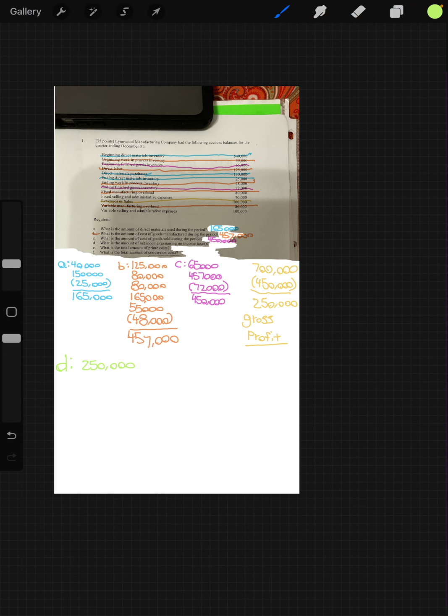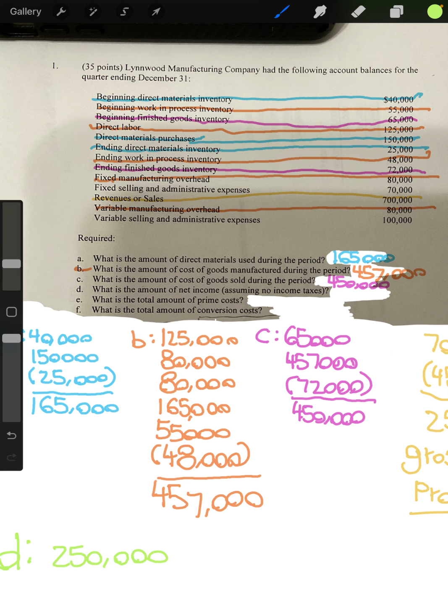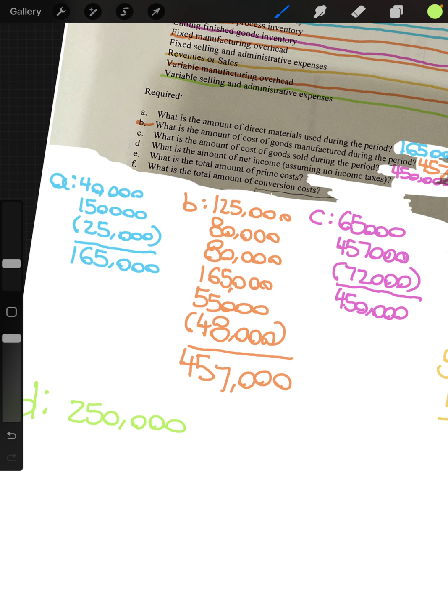We calculated that right here. And we're going to take your variable selling and administrative expenses, which is right here. We're going to subtract 100,000.